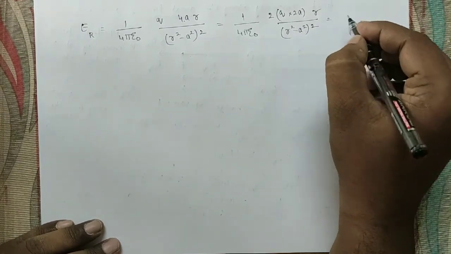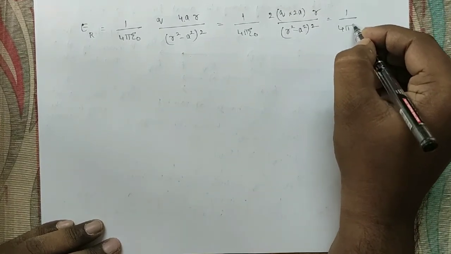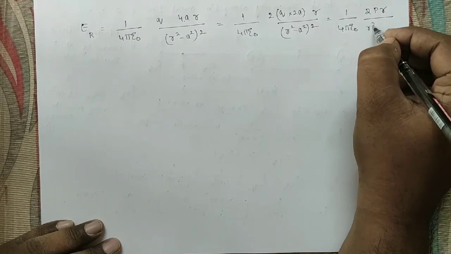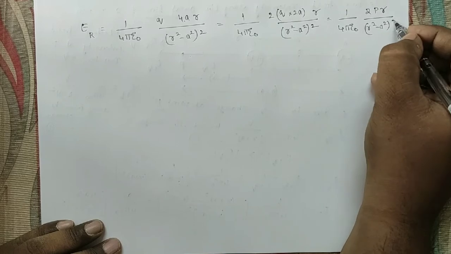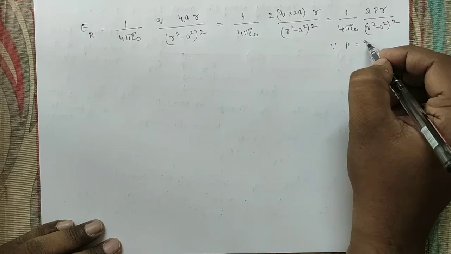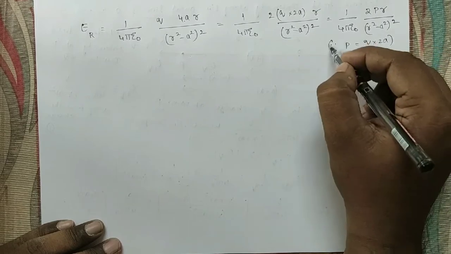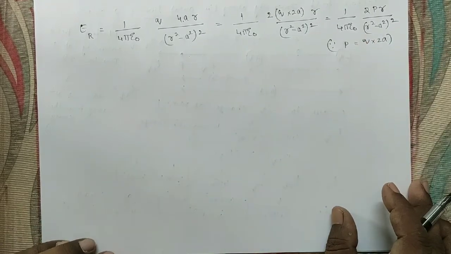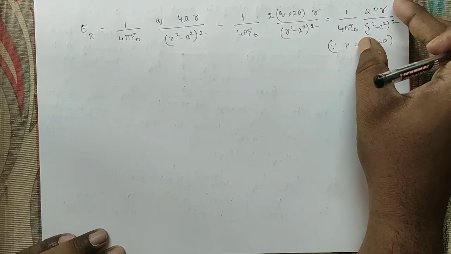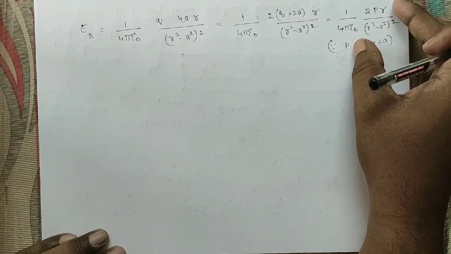Then we can write 1 upon 4 pi epsilon naught into 2pR by (R square minus A square) whole square, since p equal to Q into 2A. This is the dipole moment we already discussed.